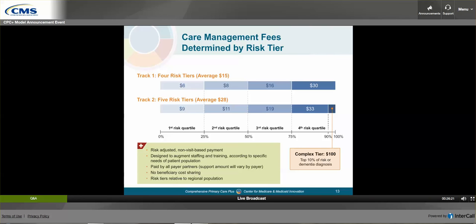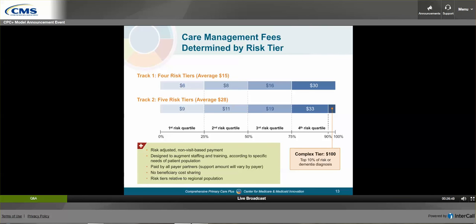And we attribute patients and determine the risk tiers for payment purposes. And in Track 1, there are 4 risk tiers, and in Track 2, there are 5 risk tiers. Again, payments are higher in Track 2 across the tiers because of the increased work expected of these practices. The payments are calculated per beneficiary per month and average $15 PBPM for Track 1 and $28 PBPM for Track 2.